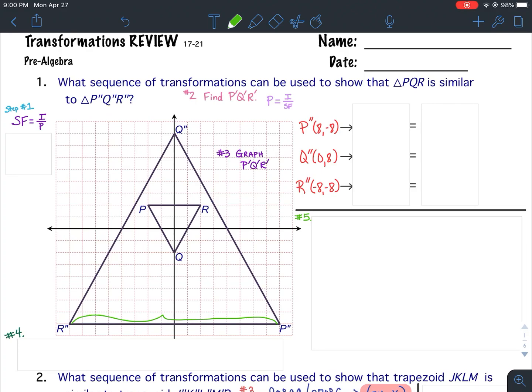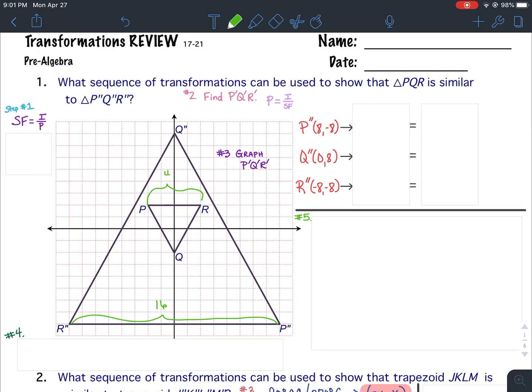So we're going to start with step 1, which is finding the scale factor. I find the scale factor by taking a side length from the image and dividing it by a corresponding side length of the pre-image. So the side length I'm going to use from my image is P double prime, R double prime, and that length is 16 units. Then I'm going to use its corresponding side length on the triangle PQR, which is PR.